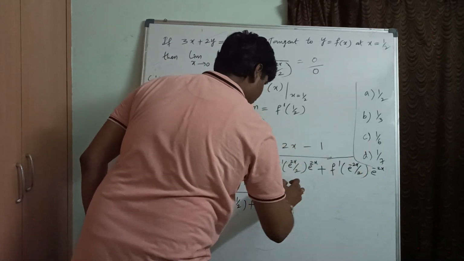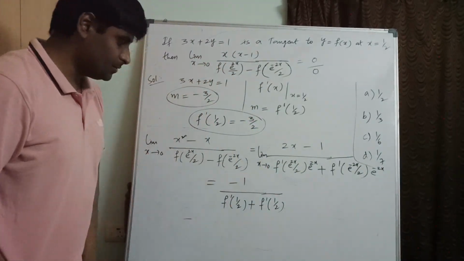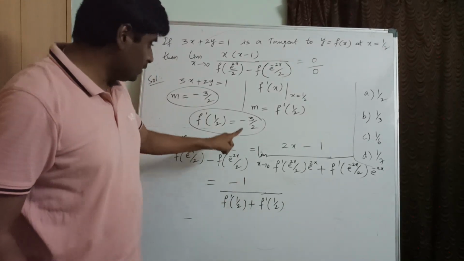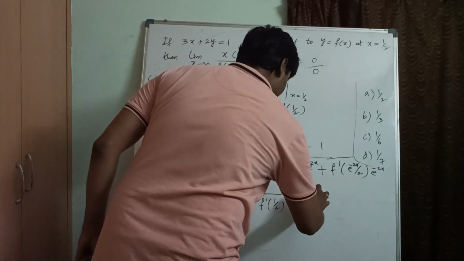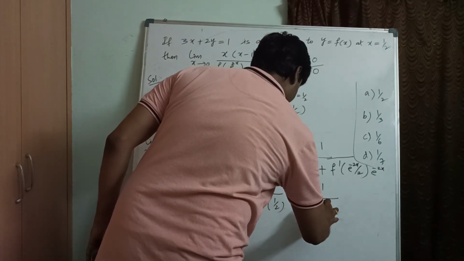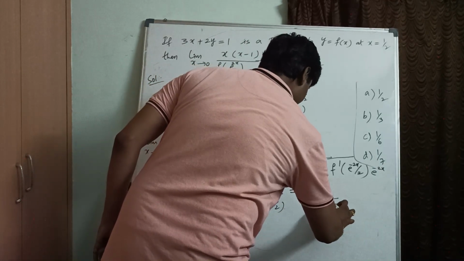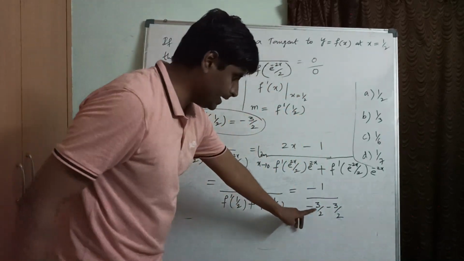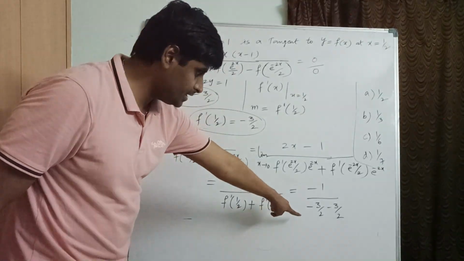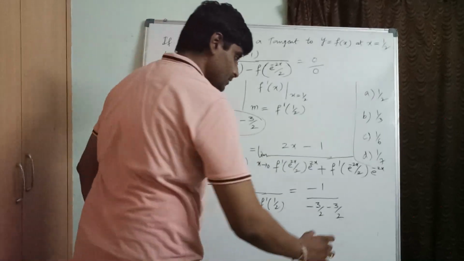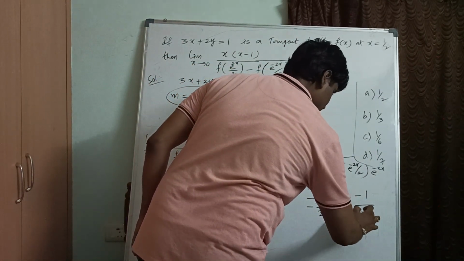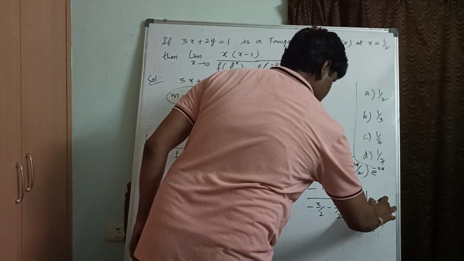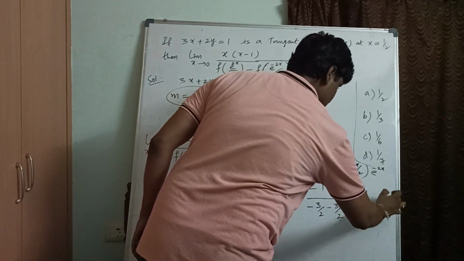Here e^0 is 1 because x tends to 0. Clear? So the value of f dash of 1 by 2 was already available. Substitute there. Simple. Minus 1 by minus 3 by 2 minus 3 by 2, so minus 3. Minus minus cancel. What do you get? 1 by 3. Correct? So the answer is 1 by 3.